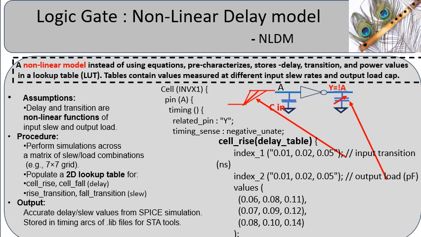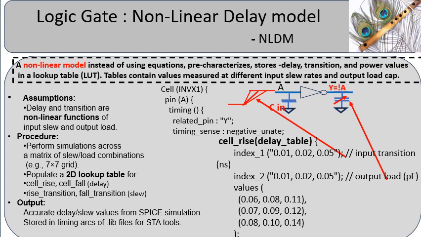Run SPICE simulations: simulate the gate for every input slew and output load pair. Record delay high to low and low to high, and output slew. Populate lookup tables: fill the 2D array in matrix form. Store tabulated data in a format like a .lib file.